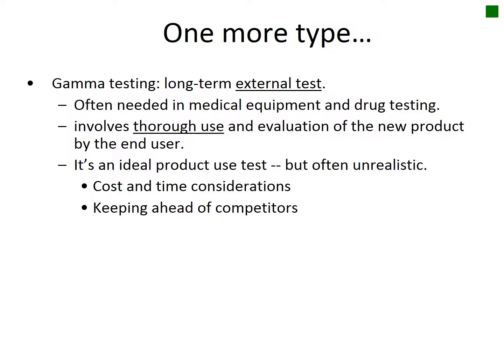However, sometimes we do truly want to know when a product fails, especially if you're willing to create a warranty for your product, you want to know how long that warranty should last. And if you want to know that, then you need to know how long the product lasts before it fails.